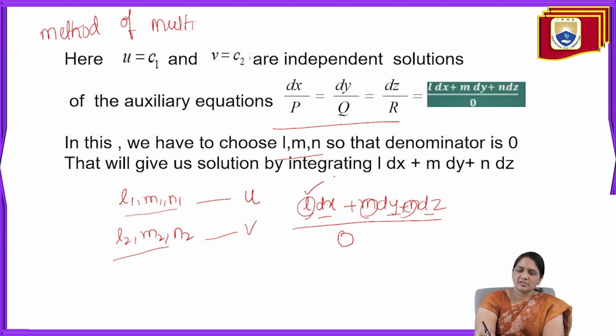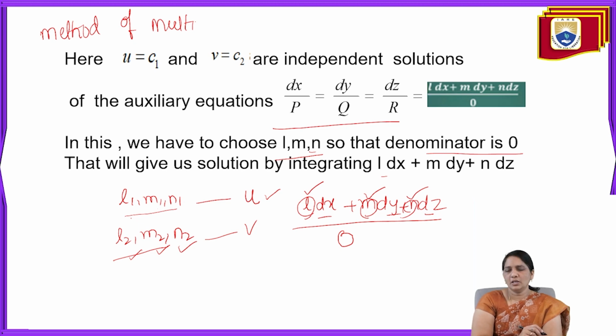Then we can say that L, M, N are multipliers of the given solution. So the denominator should be 0 by choosing the L, M, N values. For the first solution we choose L1, M1, N1, and for the second solution we choose L2, M2, N2. This is the way we choose the multipliers to solve the PDE by using the method of multipliers.